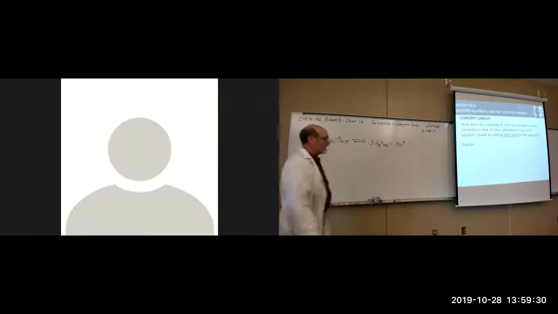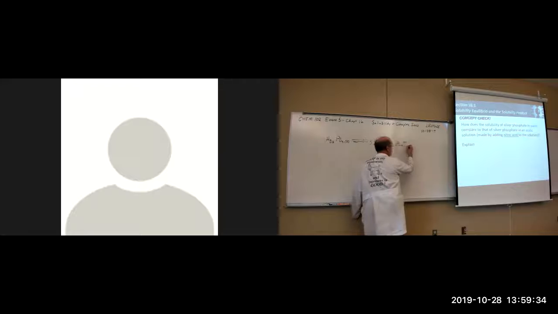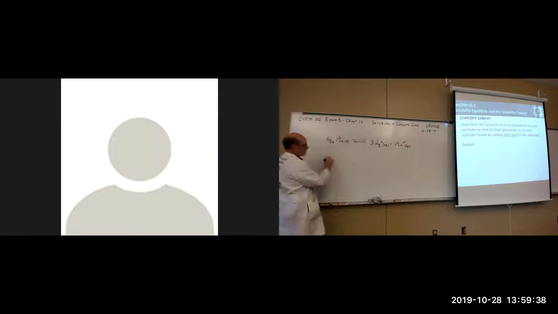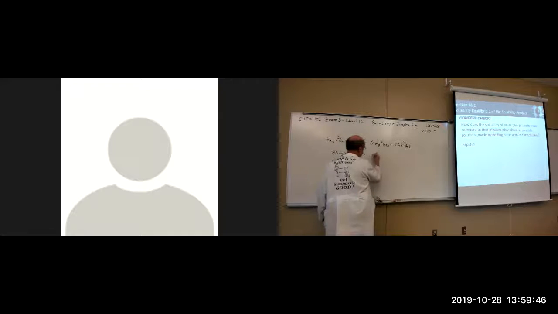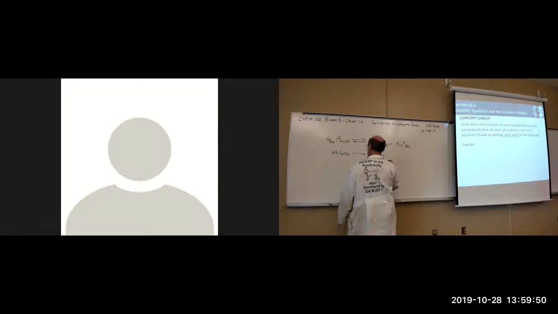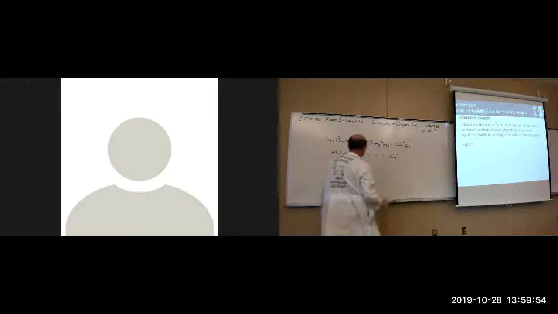Now if we acidify this solution by adding nitric acid, what happens? Okay, so let's say we have HNO3. What does it produce? It produces protons and nitrate ions. There we go.